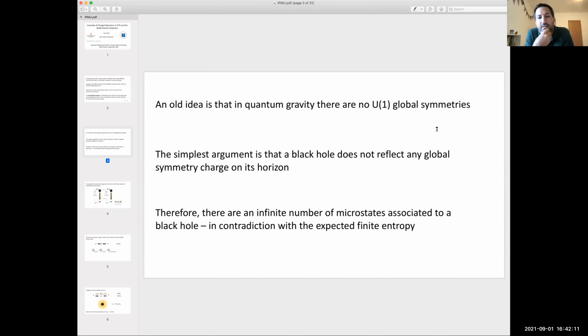Therefore, a black hole of a fixed mass actually has an infinite number of possible microstates that could be associated to it. It could have any global symmetry charge, and that's in contradiction with the expected finite entropy of a black hole, the so-called Bekenstein-Hawking entropy.